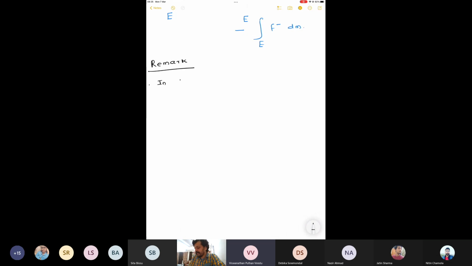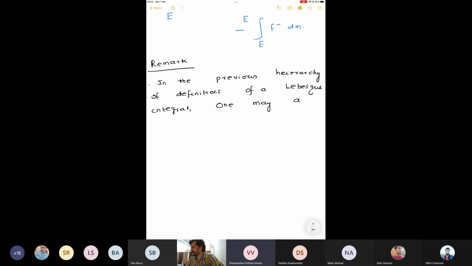In the previous hierarchy of definitions of the Lebesgue integral, one may avoid level 1 and build the integration theory as follows.